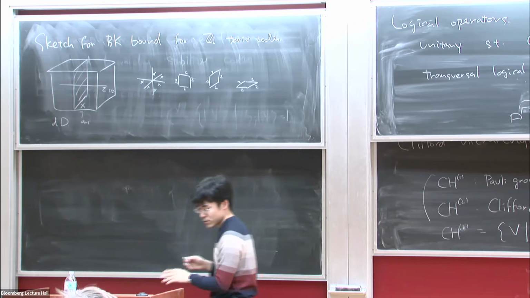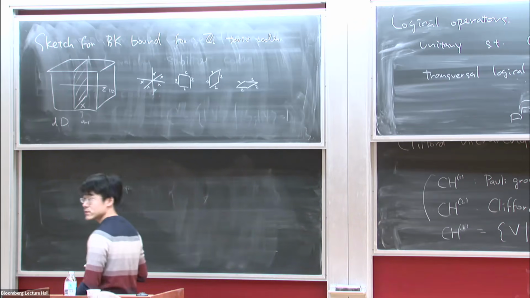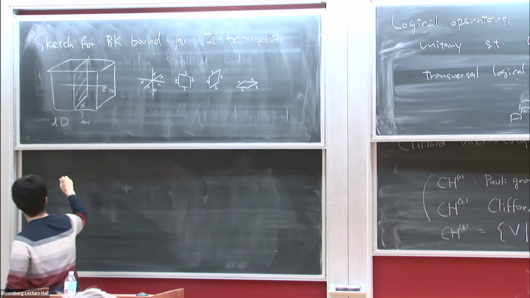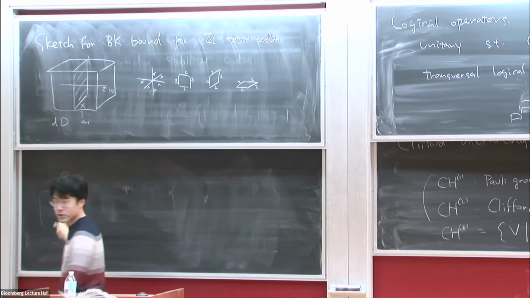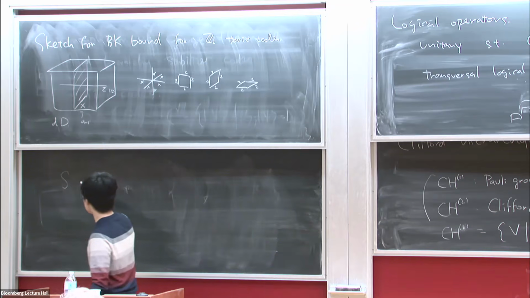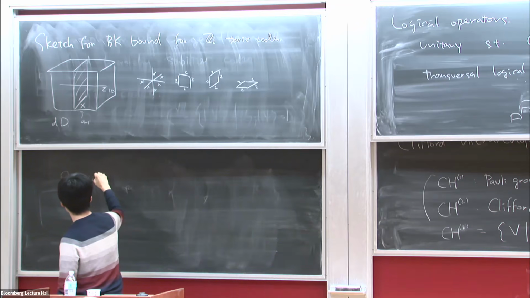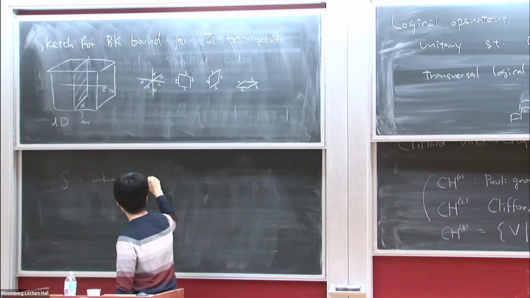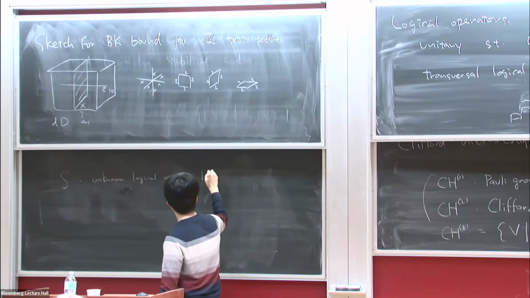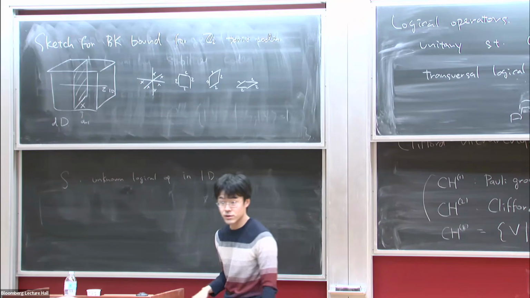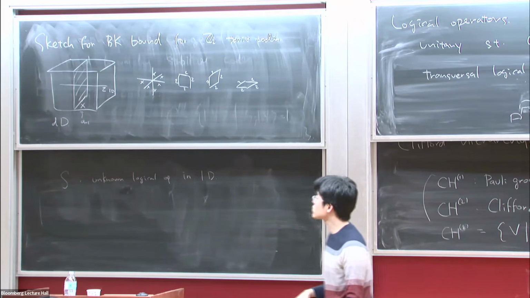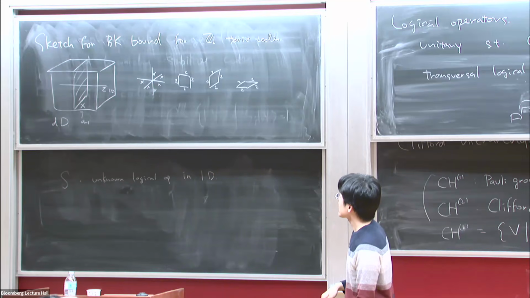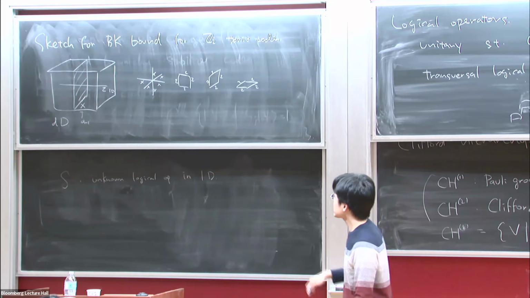In order to establish a Bravyi, suppose that we have some unknown operator in one dimension. So this is some unknown logical operator. Your surface is just made out of x's? What do you mean? What is the surface?